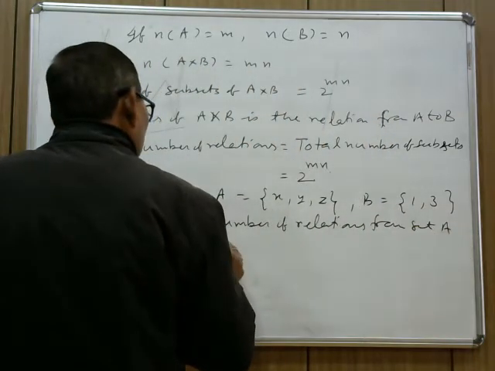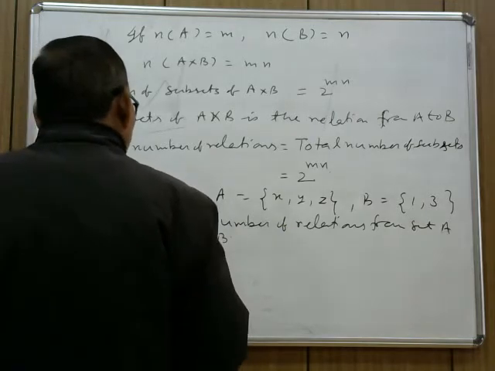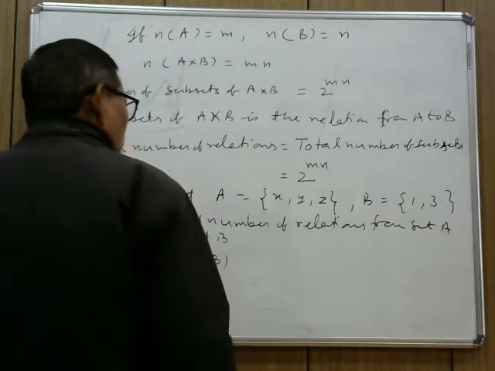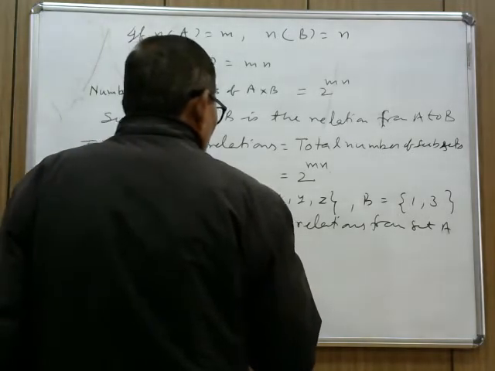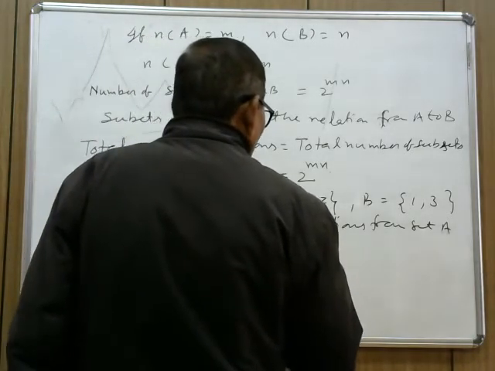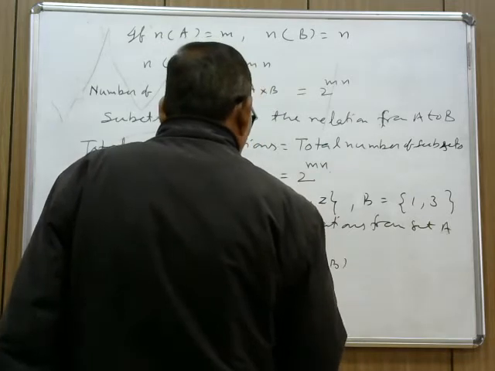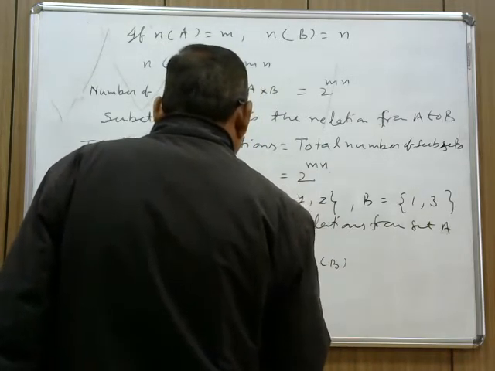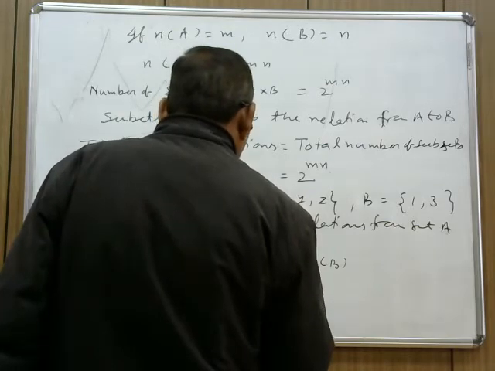First we find the number of elements in A cross B. The number of elements in A multiplied by the number of elements in B is 3 into 2, which is 6. The number of elements in A cross B is equal to 6.